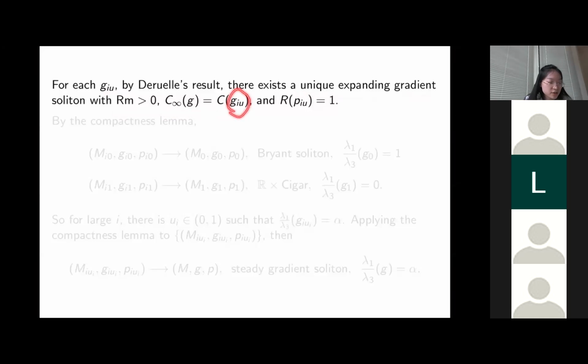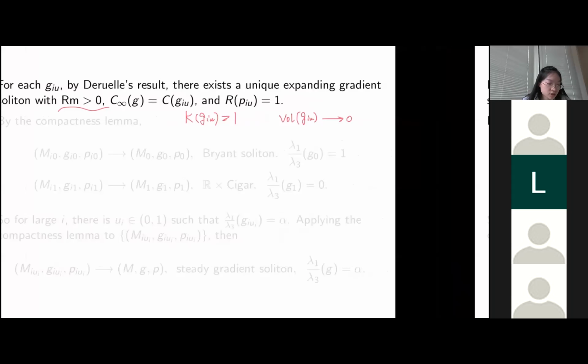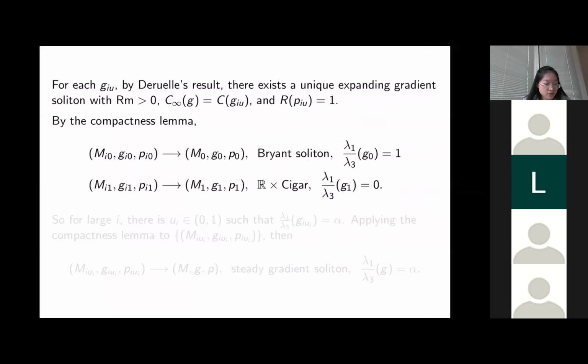Because we know that g_i has curvature greater than 1, as we explained before, you can find such an expanding gradient soliton, and it is unique. By some compactness argument, since the volume of g_i goes to 0, which is our last condition in the last slide, you can show that this sequence of expanding gradient solitons will converge to some steady gradient soliton.